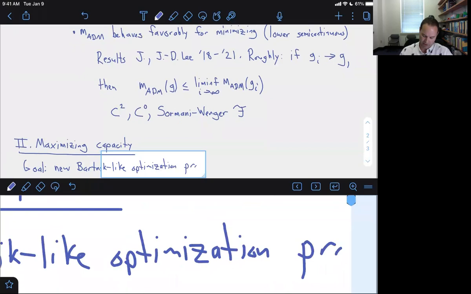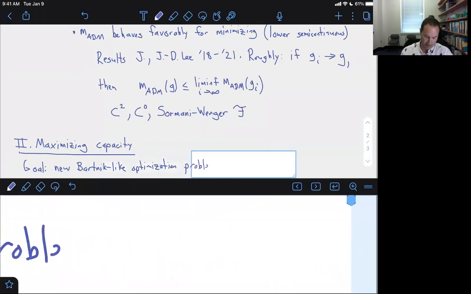So everything here is very much inspired by Bartnik's program. And one thing I should say about this is that it is very much work in progress, maybe even in relatively early stages. So just keep that in mind. But I thought in the spirit of this being a workshop, that would be an okay thing to still talk about.